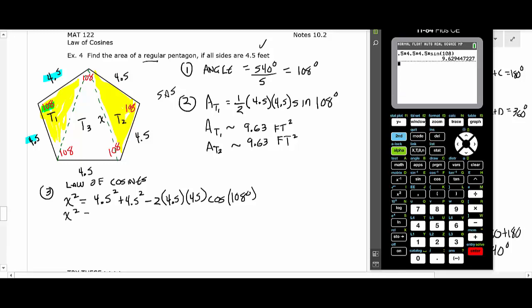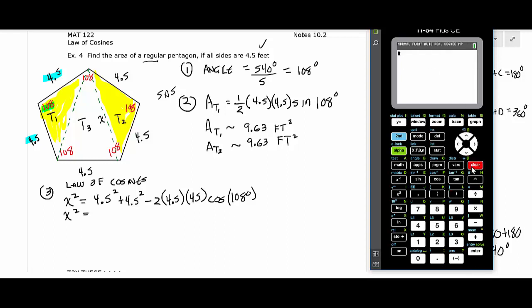So I'm going to crunch this out on the calculator also. I just put in 4.5 to the second plus 4.5 to the second, and then minus twice the product of the sides, 4.5 and 4.5, and then the cosine of the angle in between. Oh, did I put something in there wrong?